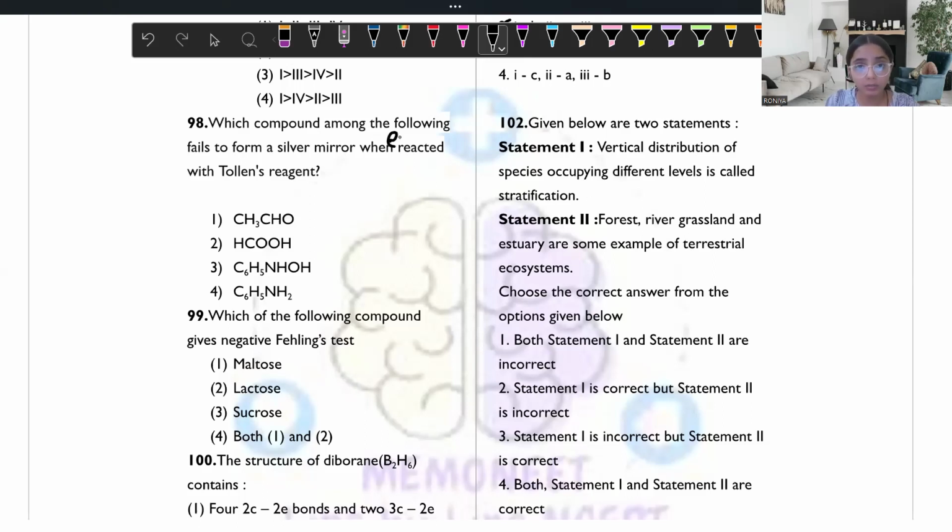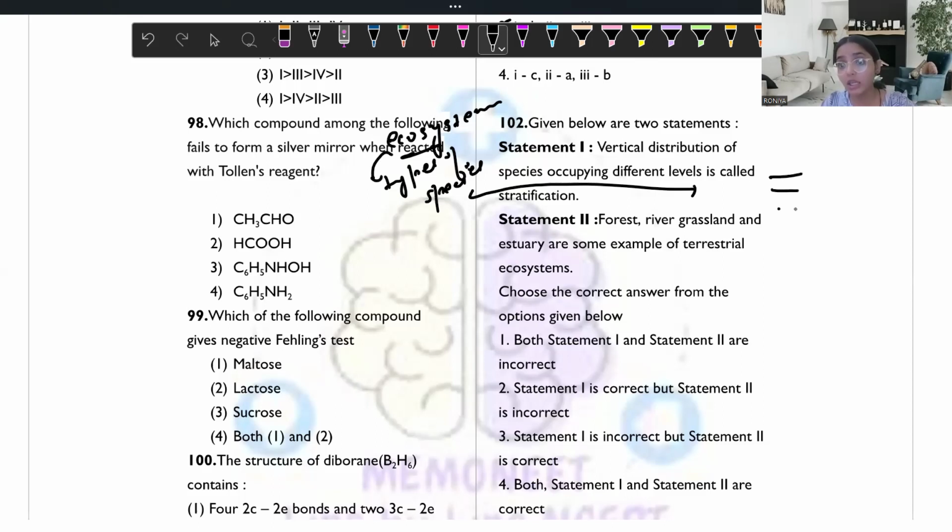In an ecosystem there are different types of species, and when these species are arranged vertically at different levels, one after other, like level 1, level 2, level 3, this arrangement is known as stratification. So this is a correct statement.